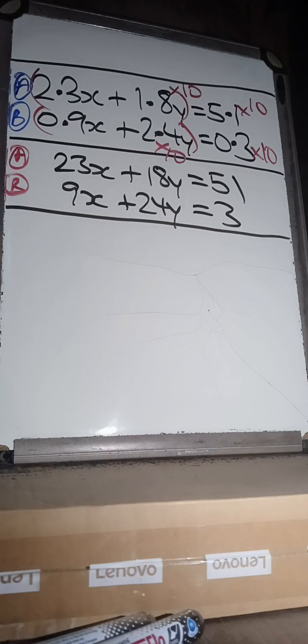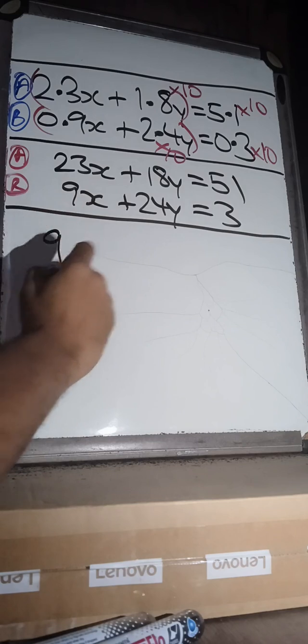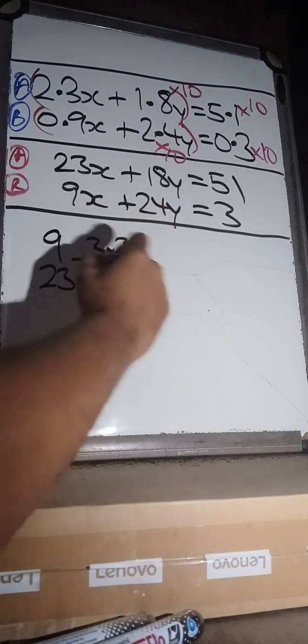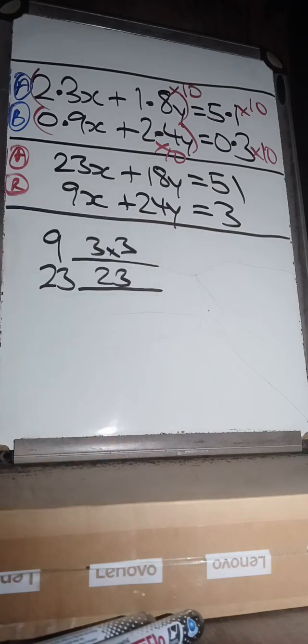Okay, so let's be careful with this now. We'll have to be real careful. The LCM of 9 and 23 is what? Unfortunately, the LCM of 9 and 23 is literally 9 times 23.